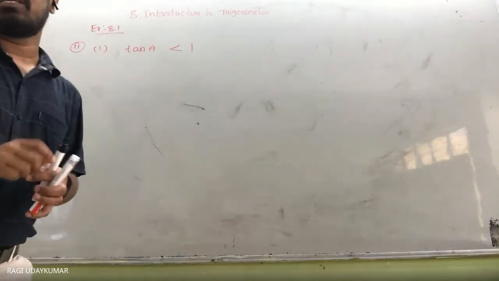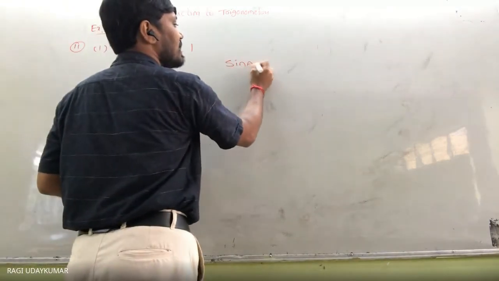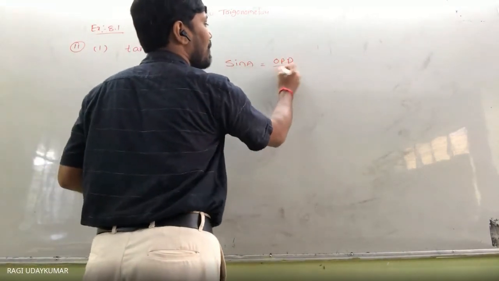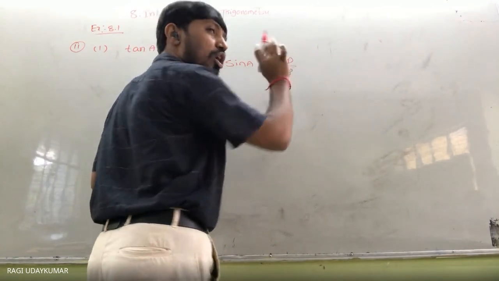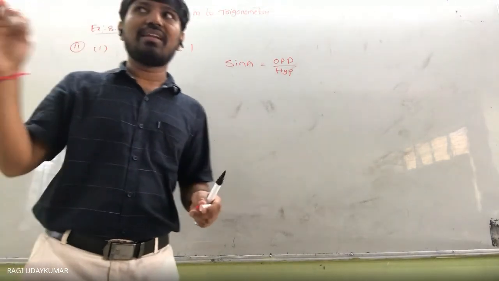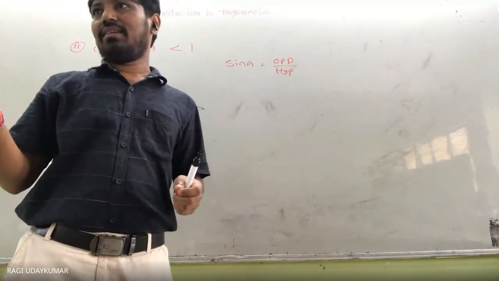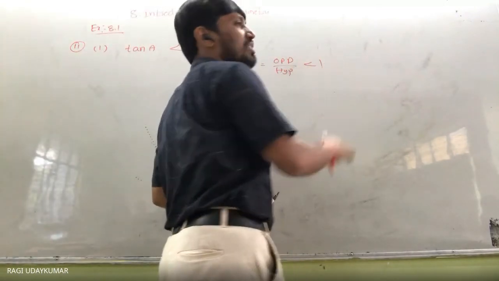Then in that situation, whenever you are taking sin A क्या होगा? Sin A is equals to opposite by hypotenuse. So this is smaller than this one. Always, whatever it may be the numbers you take. Opposite is always smaller than the hypotenuse, which is greater in the three sides. So then in this situation, you are going to get this one less than 1.